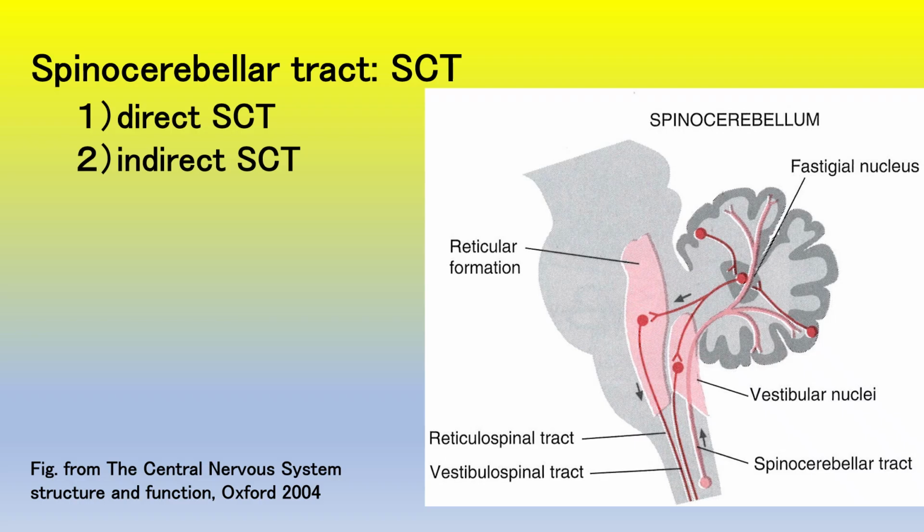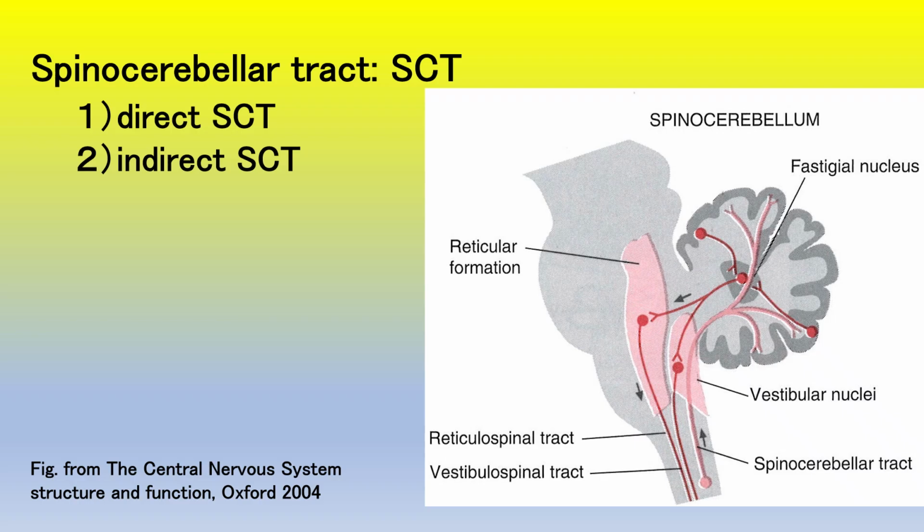Some pathways, most notably the posterior spinocerebellar tract, connect the spinal cord directly to the cerebellum without interruption, and are thus termed direct spinocerebellar tracts.